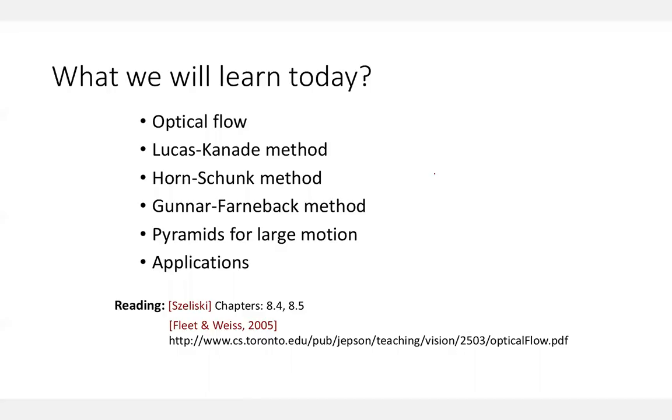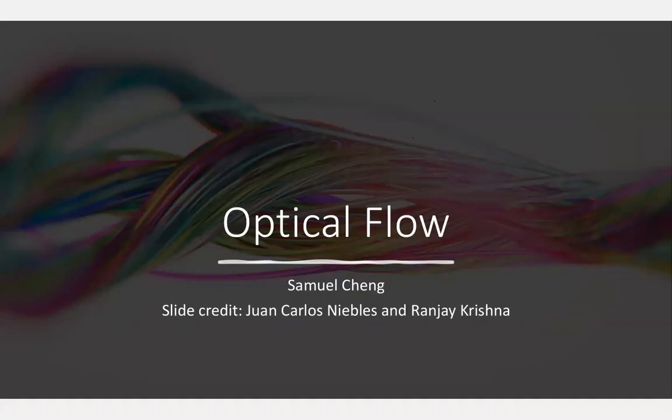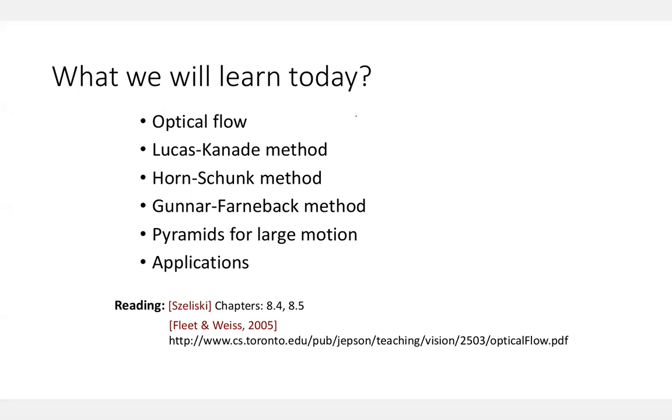So basically, optical flow is a kind of techy name, a jargon in computer vision. Basically, you have two images, let's say two consecutive frames from a video, and some object moves to another location.